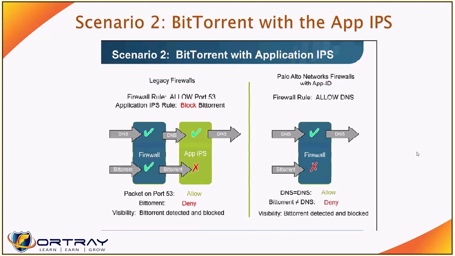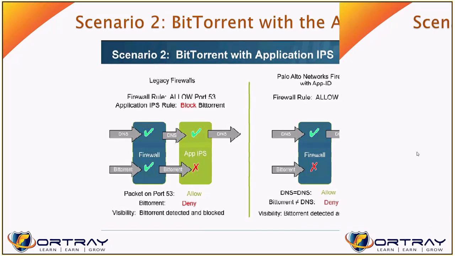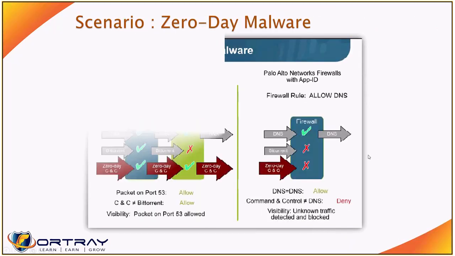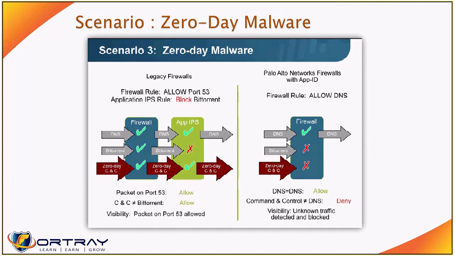That's the second scenario. The third scenario could be when you have a zero-day malware. For example, you have IPS as well, DNS is allowed, and BitTorrent is blocked by the IPS. But the IPS does not have the capability to block zero-day or command and control type of traffic.